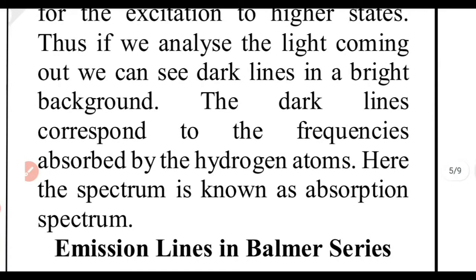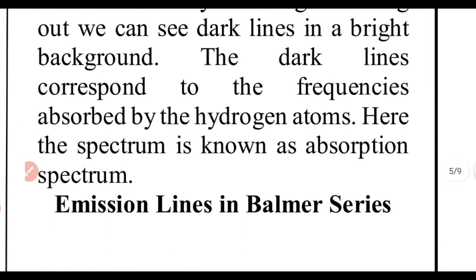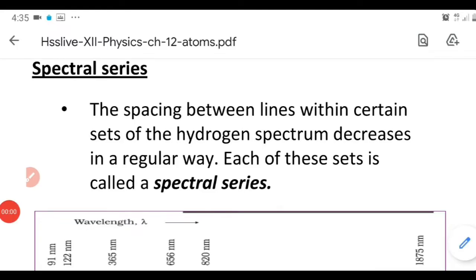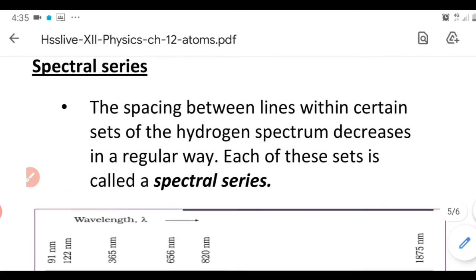We have already discussed these two spectra, and now we discuss the emission lines or different spectral series in the hydrogen atom. As we already discussed, in the case of the hydrogen atom many spectral lines are observed, and among different sets of these spectral lines there is a relation between the gaps of the lines.